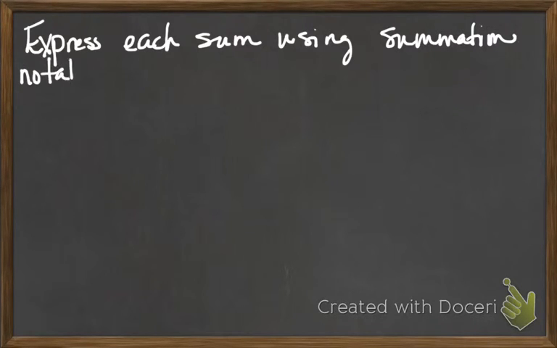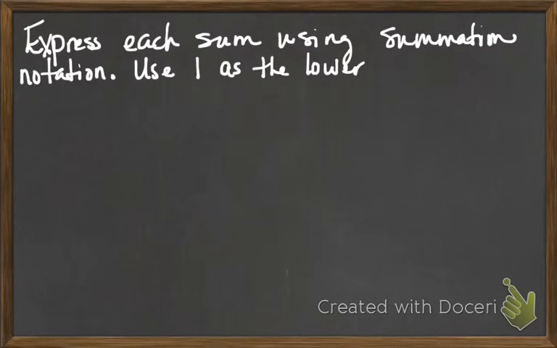And they'll have to give you a little bit of information like this. They'll say use 1 as the lower limit, and you can use different variables. All the ones that we've seen have I for the variable, but they call that variable an index.